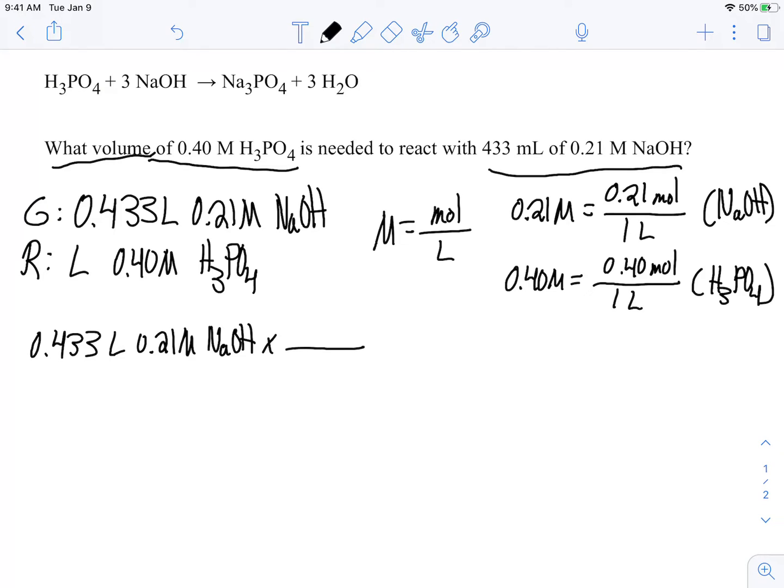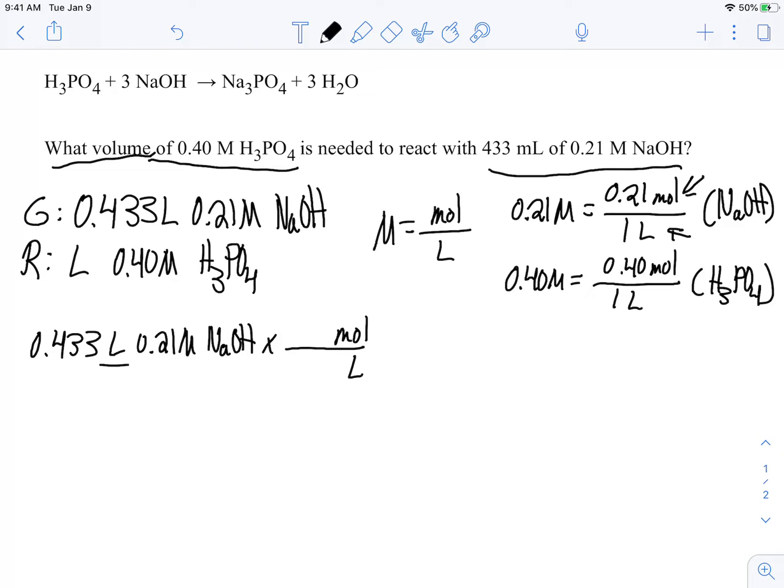To convert this into moles, I'm going to need a mole on top, and currently we're in the unit of liters, so we need to get out of liters, which makes it go on the bottom. Take note, we have moles on top, liters on the bottom. On the right, I have moles and liters, and I'm also working with NaOH, so I can use this broken apart molarity to convert into moles.